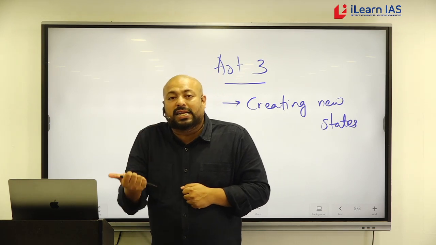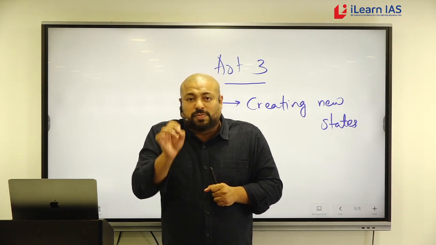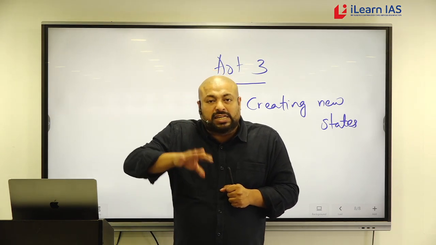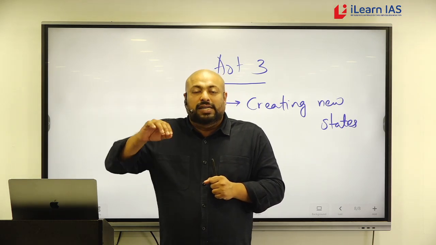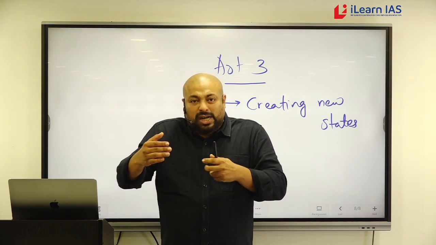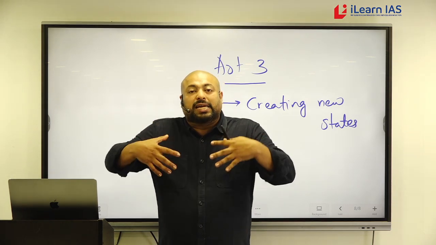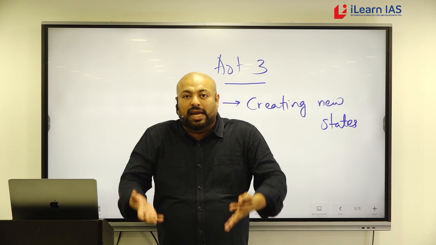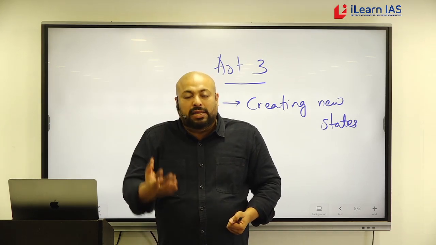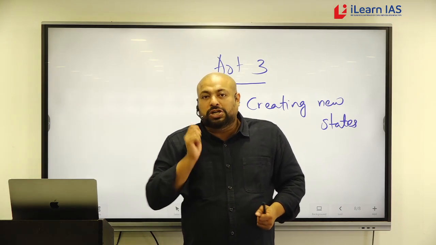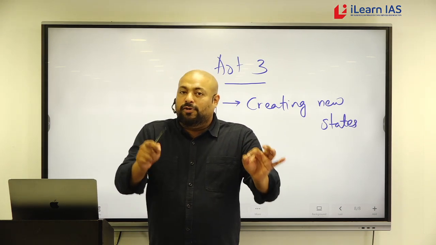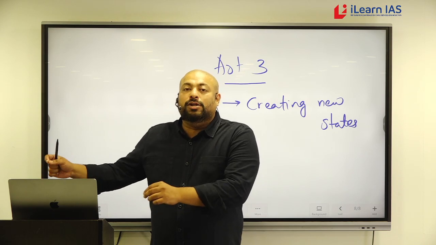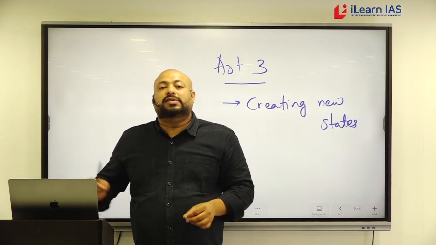And what does Article 3 talk about? Article 3 very specifically says that you can change the name of a state, change the boundary of a state, change the area of a state, or make internal readjustments and create a new state. All these can be done by the parliament. The only precaution is that such a bill needs the permission of the president, and the president, before giving permission, will get the opinion of the concerned state legislatures.